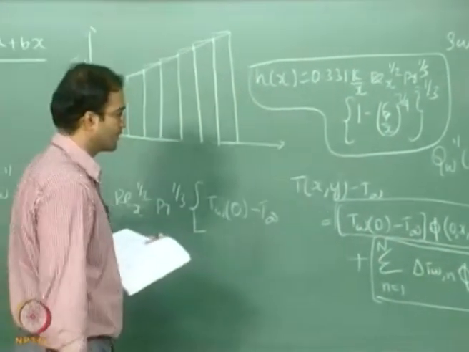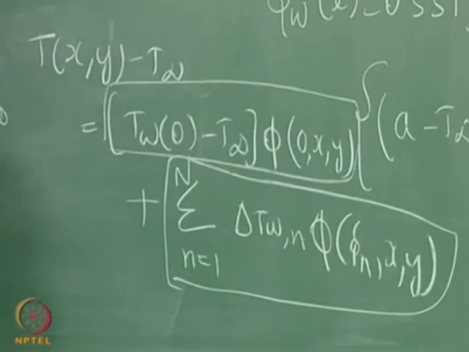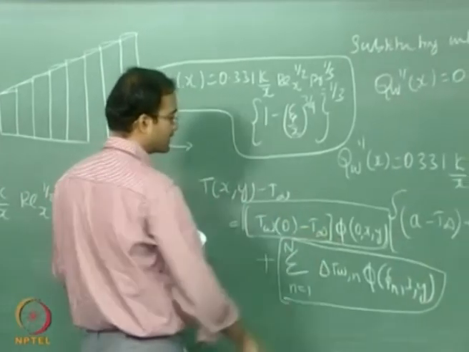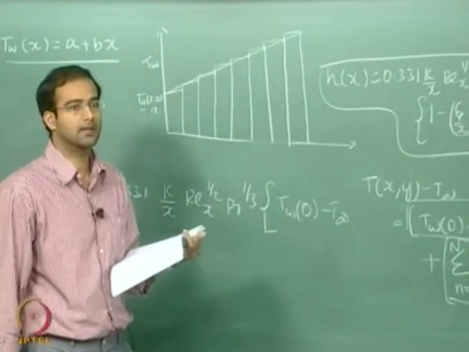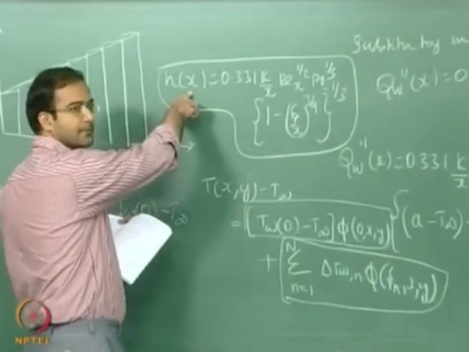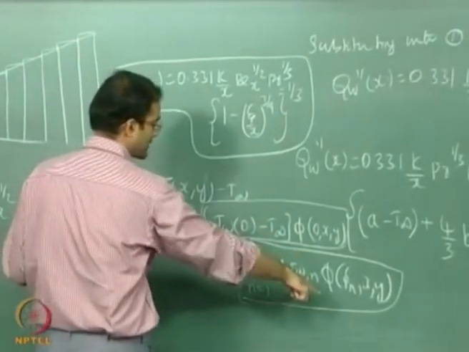Okay, so now when we want to calculate the heat flux, we had to say minus k into d phi by dy at y equal to 0, which was nothing but the heat transfer coefficient h. So this we had to substitute into this expression.